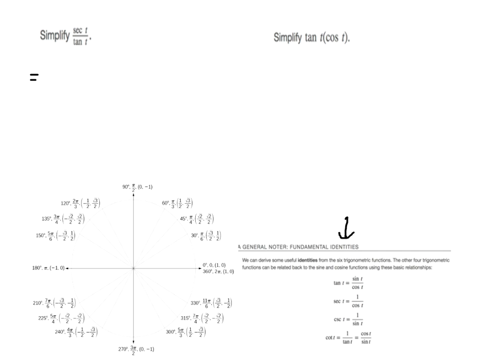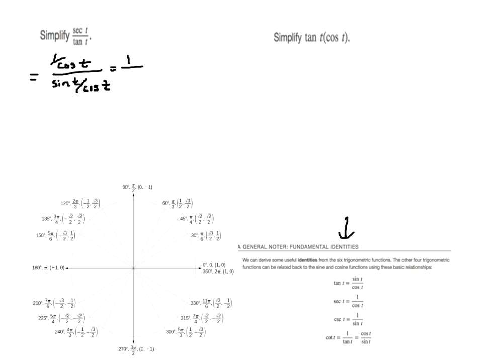Okay, so we have our identities down here. The secant, so it just says simplify this. In other words, put it in terms of sine or cosine or one of the trig functions. So the secant is the same thing as 1 over the cosine of t. And the tangent is the sine of t over the cosine of t.